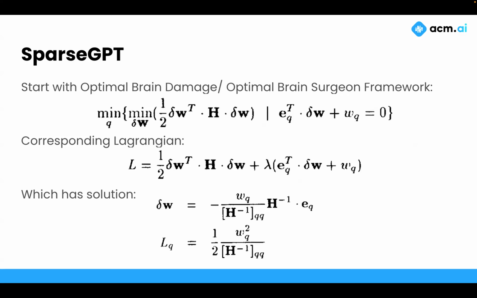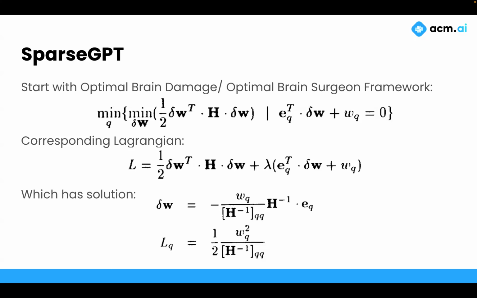So then we minimize this. We can write it as a Lagrangian, and then we can solve it to get both what's the optimal update for the remaining parameters, as well as what is the increase in the Hessian loss derived from zeroing out the parameter.